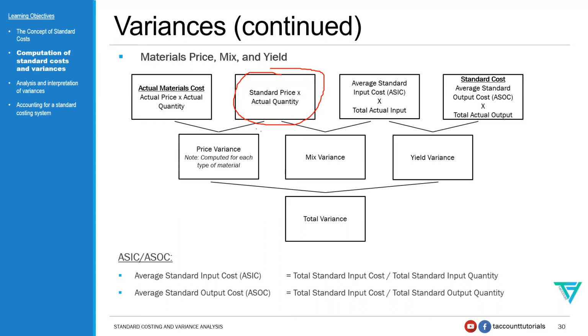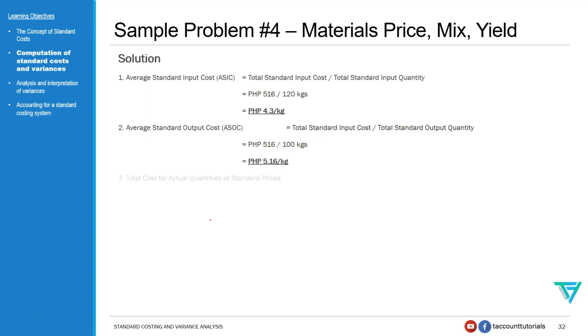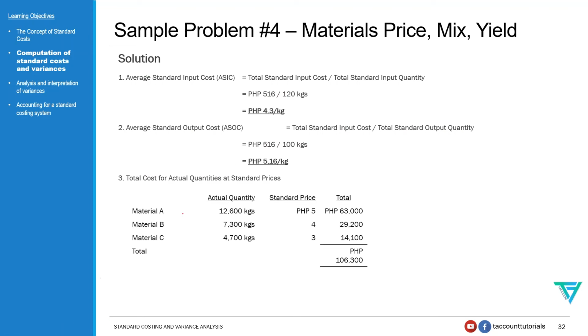If we compute for each type of material here, we could arrive at the price variance for each type of material in the level right below. So let's proceed. Total cost for actual quantities at standard prices: we get the actual quantity, multiply that by the standard price for each type of product, then we get the total here, and summing everything, we get the total below.